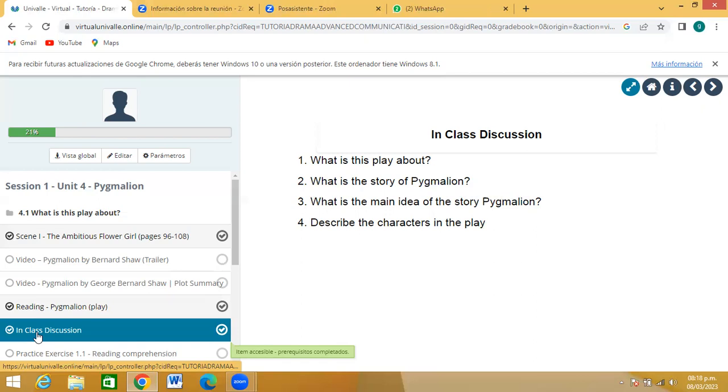You were mentioning Mrs. Pearce, right? So we have Mrs. Pearce, Mrs. Higgins, Professor Henry Higgins, Alfred Doolittle, and the flower girl, which is Eliza Doolittle, right? That's correct. The writer of Pygmalion was George Bernard Shaw, right?